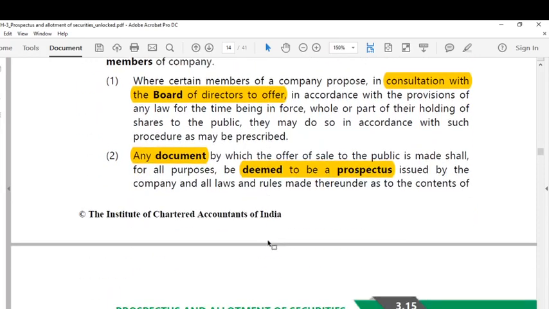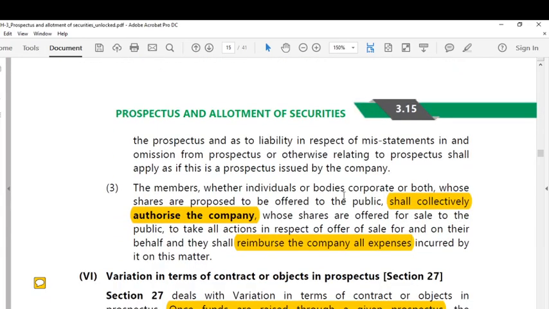And the document which is issued to sell the shares in such a case is deemed to be a prospectus. And here all the members who want to sell their shares through the company should authorize the company, and at the same time whatever expenses that the company incurs on behalf of these members to sell these shares should be reimbursed, and the members have to pay to that company all expenses. These are the matters pertaining to the deemed prospectus.